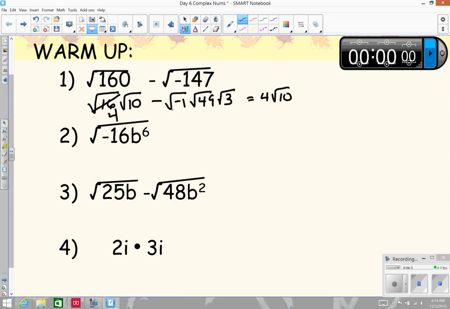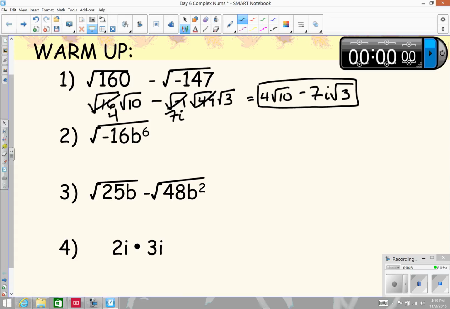My radical negative 1 I want to replace with i, the 49 with 7 outside a radical sign, and I want to write that out in front of my i. So right now I'm subtracting 7i outside a radical, and then a radical 3 still under the radical there. So my final answer there is boxed in for you.